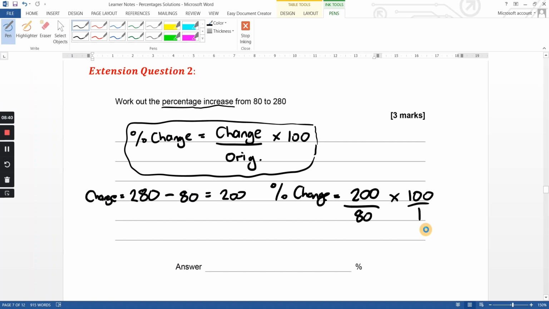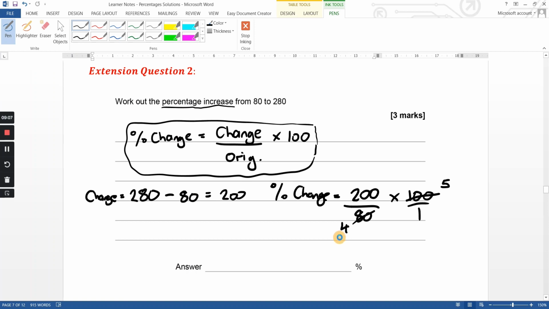And what I like to do is, can you see diagonally here, I've got 80 and I've got 100. The biggest number that goes into those is 20. How many 20s go into 80? It goes 4 times. How many 20s go into 100? 5 times. Okay. And I can simplify again. Can you see here, with the 4 and the 200?